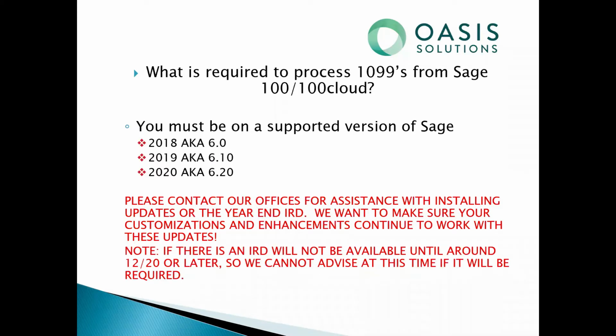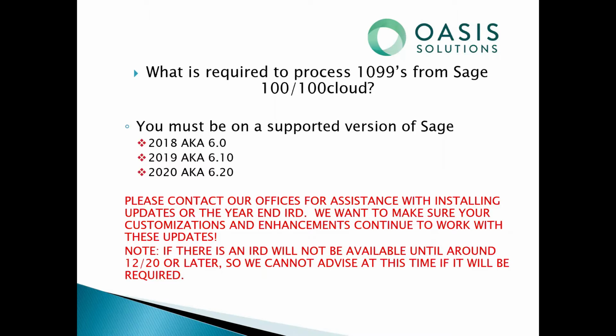As most of you that have been using Sage for quite a while know, there typically is an interim release download that comes out at the end of the year, and what that download is would determine whether or not you need to install it, depending on whether it impacts your particular business and what you do in Sage. We are not aware at this point if there is going to be an IRD, and we probably won't know until at least around the 20th of the month.